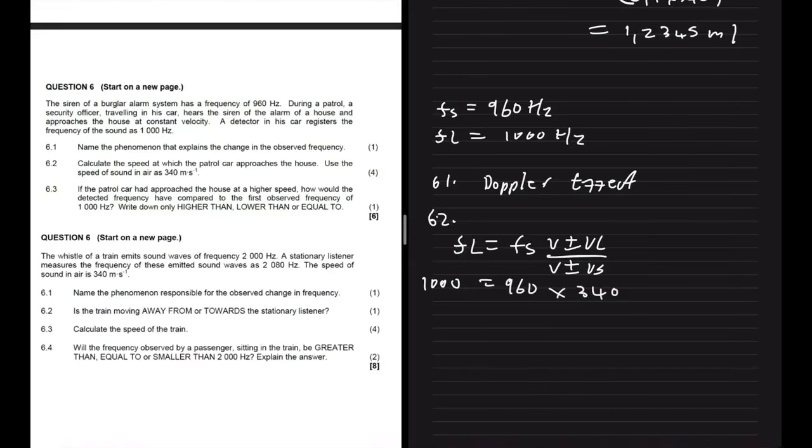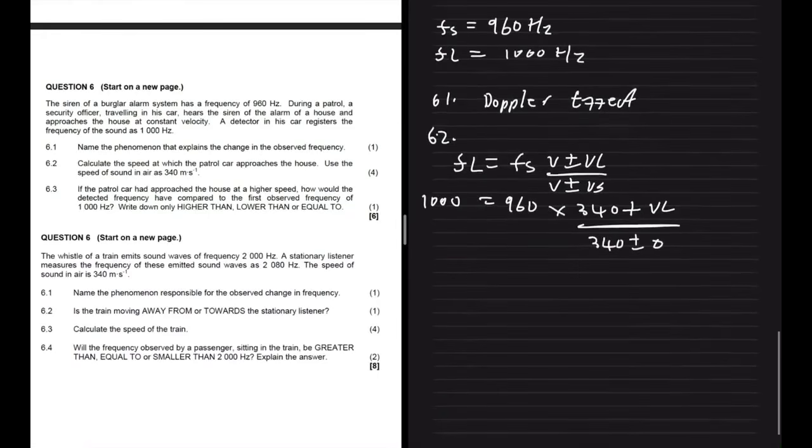We're supposed to calculate the speed at which the car is approaching, so it's the velocity of the observer that we're calculating. If it's approaching, then on the numerator we have a plus VL. If it was moving away, we'd have minus. On the denominator we have 340. The sound source is stationary, so plus or minus 0 doesn't matter.